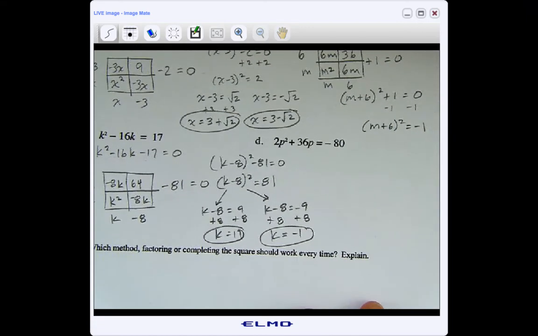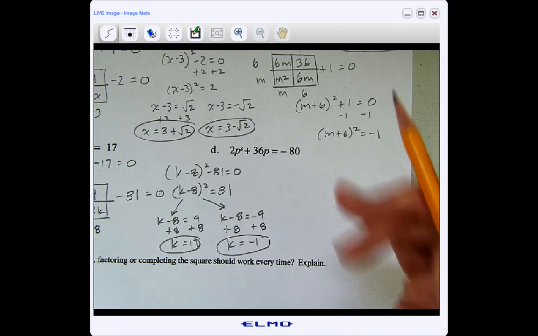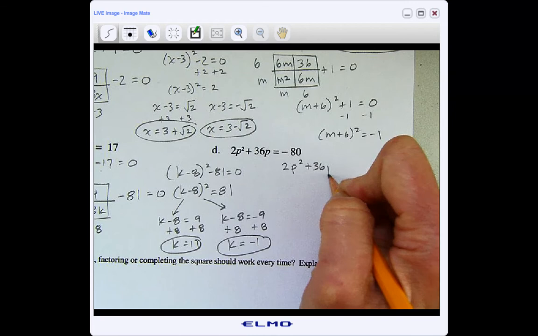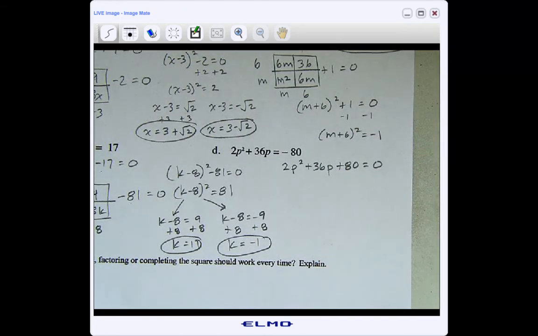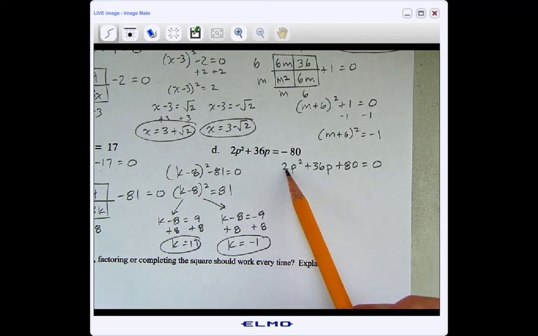Okay, so do you remember from yesterday when I said completing the square is kind of tricky? So what makes this one a little tricky? So how is equation D different than A, B, and C? Okay, so if I try and complete the square, I'm not starting with just an a value of 1.